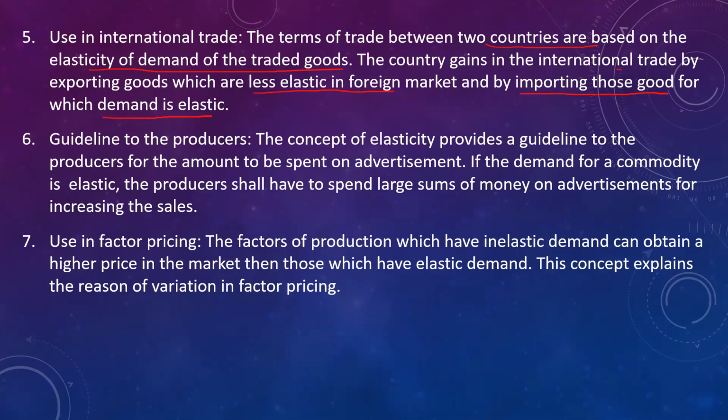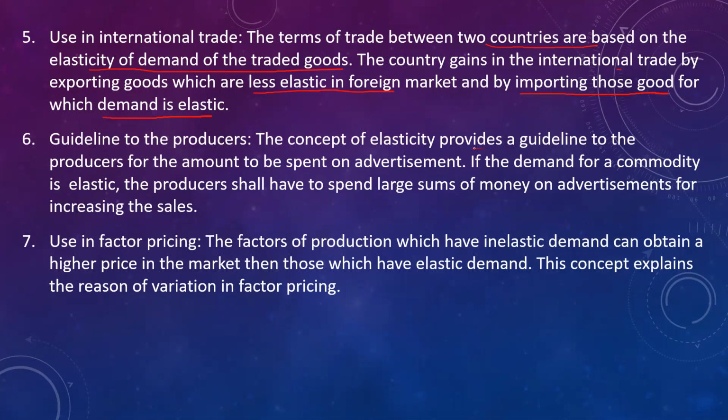Whatever may be the price, the foreigners are going to purchase our goods. So such goods are exported, and goods which are imported are such that they're elastic. That is, if the price is high, the demand from the local market is less. So in such cases, which commodities to export and which commodities to import will be studied based on the elasticity.